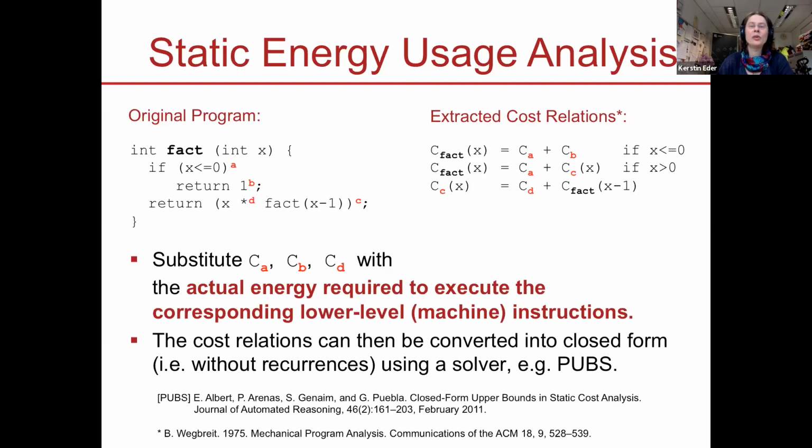And this sort of static resource analysis dates back to Wegbreit. There was seminal work done in 1975. I've included the reference to Communications of the ACM if you're interested in this type of program analysis where you obtain cost functions.